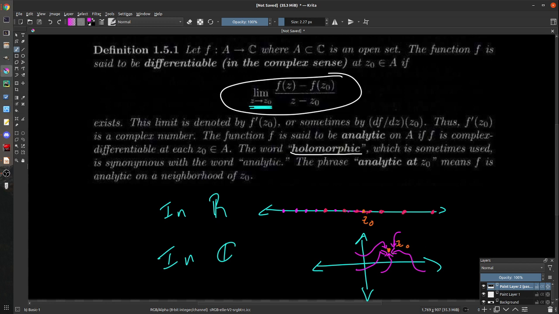The important thing to think about though is that what makes this so much more restrictive is that there are more ways you can approach this, and that the ways you approach it matter more than they do if you're just talking about convergence in, say, a function like R2 to R2 or something.